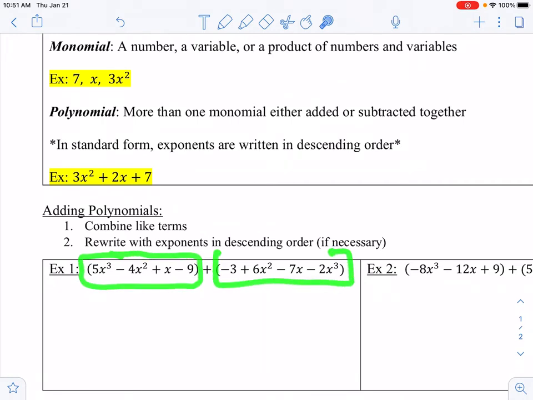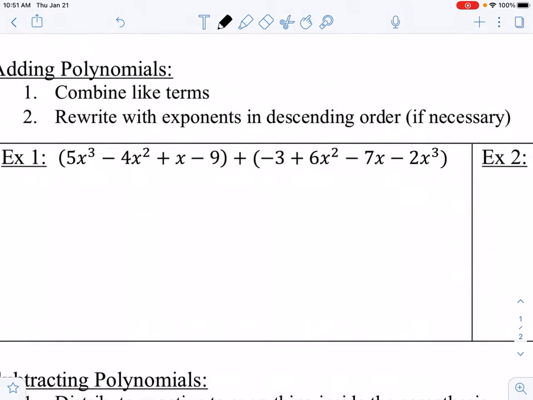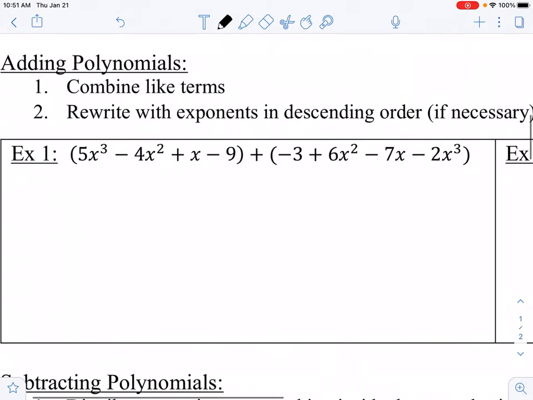There are 2 groups of polynomials, and I need to make sure that it says plus in between them. So really what I'm saying is I'm going to take this whole group and I'm just adding it to this whole group. I'm going to add them together. I'm just going to count them up. So when we have just addition like that, we can rewrite this without the parentheses, and that's really how you've been used to seeing it in class.